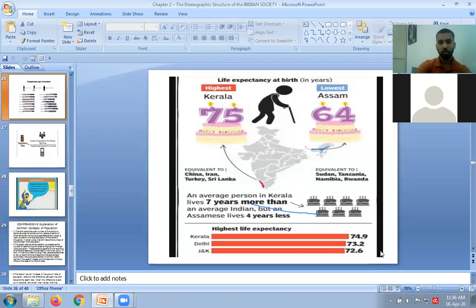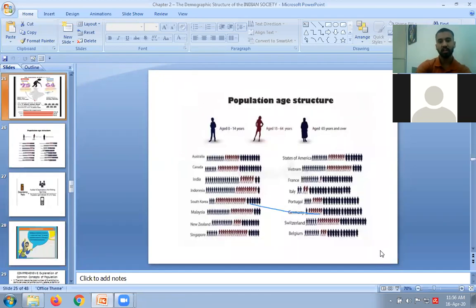Okay. So after life expectancy, we're going to understand the population age structure. Look, when I say population age structure, we have divided our population into three different groups. So from 0 to 14, all the children come in this category.